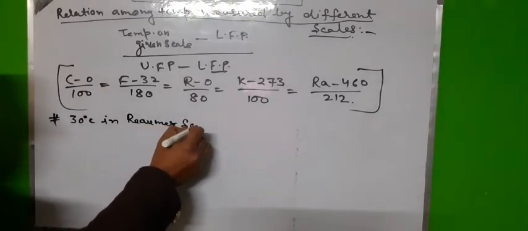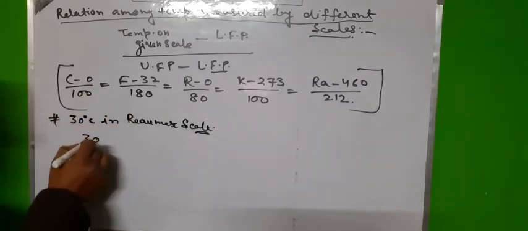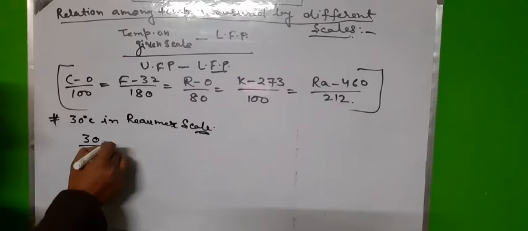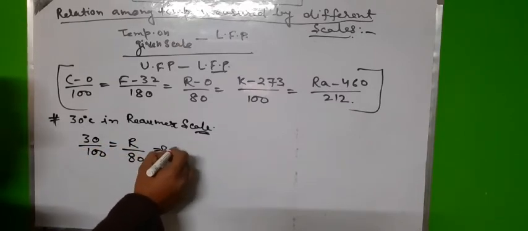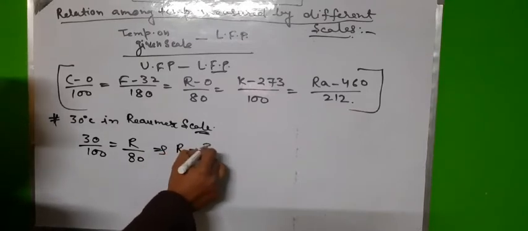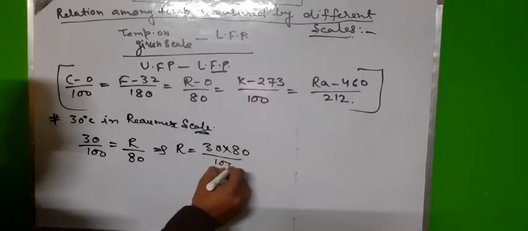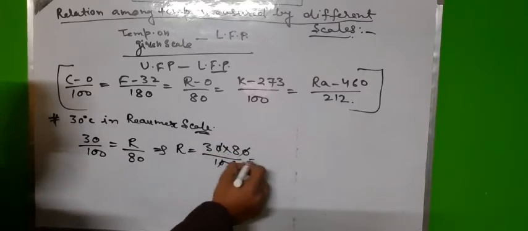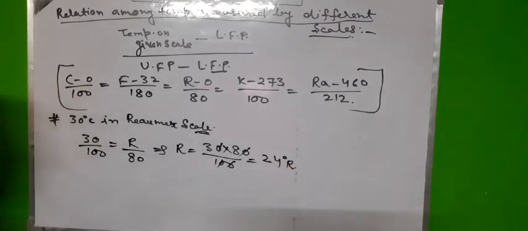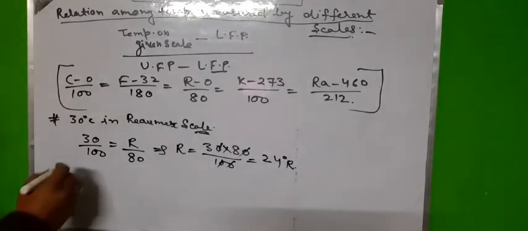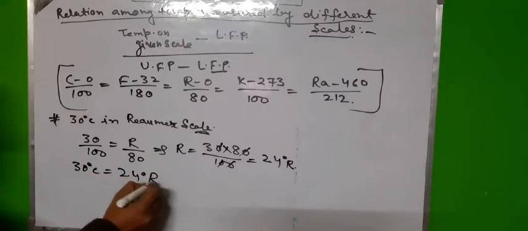For converting it, what we will do: 30 upon 100 is equal to R upon 80, and from here R is equal to 30 into 80 upon 100, zero to zero cancel out, and it is equal to 24 degree Reaumur. Means 30 degrees Celsius is equal to 24 degree Reaumur.